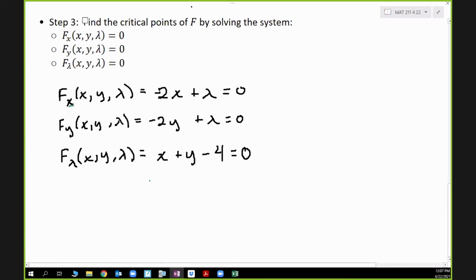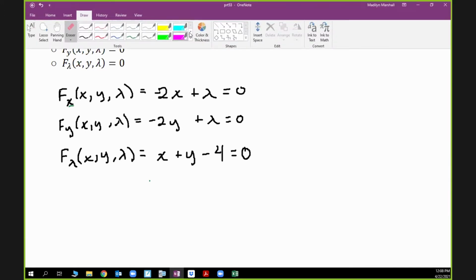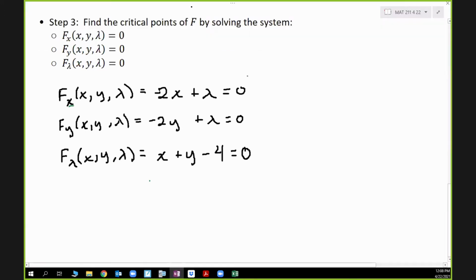So this first equation is just here. If we solve this equation for x, we would just subtract lambda over to the other side and then divide by -2.